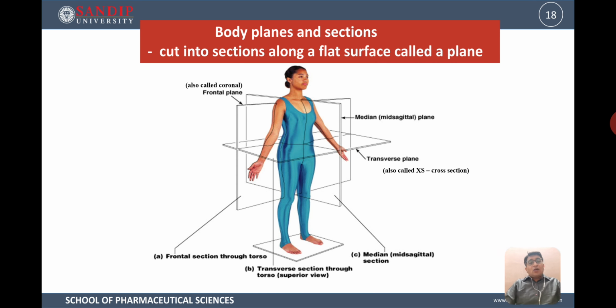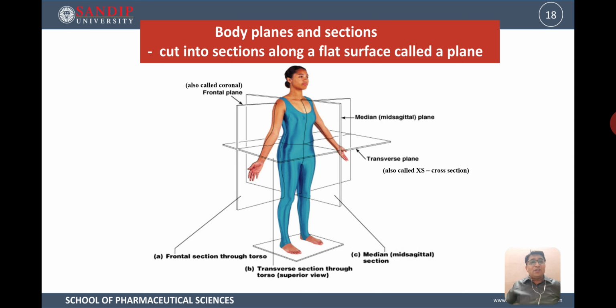Then cross section. You can observe at the end there is a cross section. Cross section means the body cut at exactly 90 degrees to the long axis of the object. Then oblique section. Please observe the figure simultaneously. All the definitions or words are there.